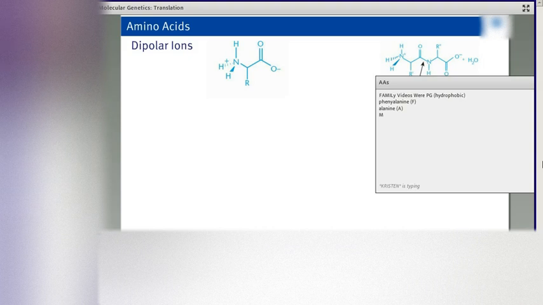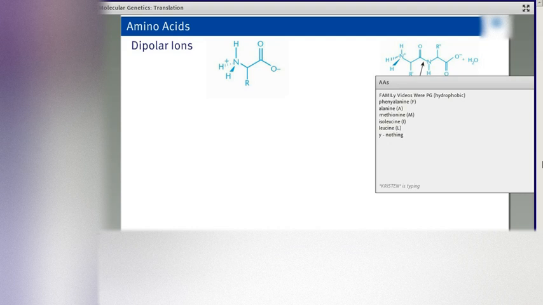M: methionine. I love the ones that make sense. Some of them seem kind of odd, but methionine. All right, what about I? Isoleucine, very good. And L? Leucine. And the Y is nothing. That's why I have it just lowercase here.